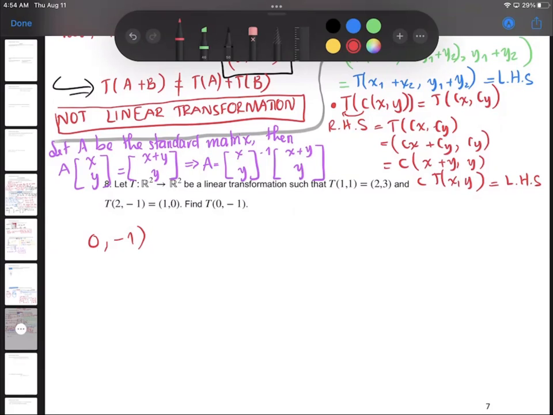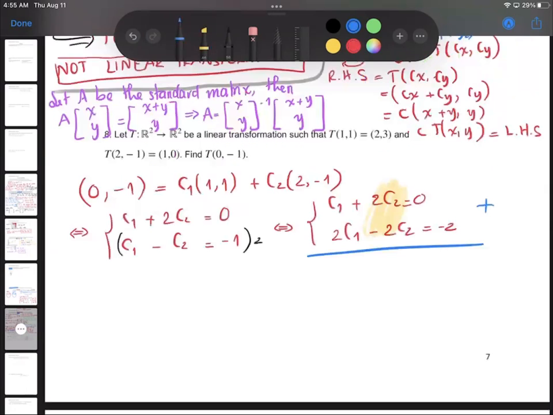The second equation, however, is doubled: 2C1 minus 2C2 equals -2. Then you add, this is gone, that is gone. So I got 3C1 equals -2. That means C1 equals -2/3.